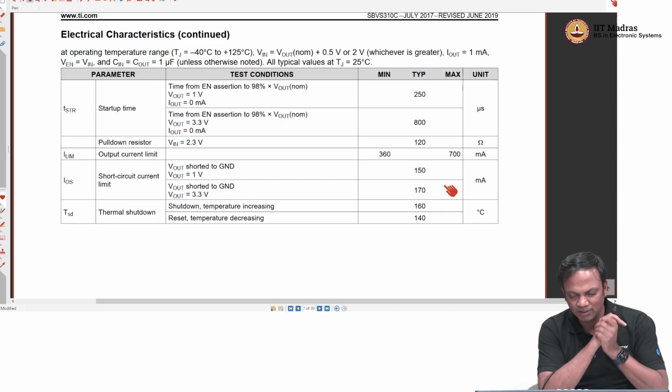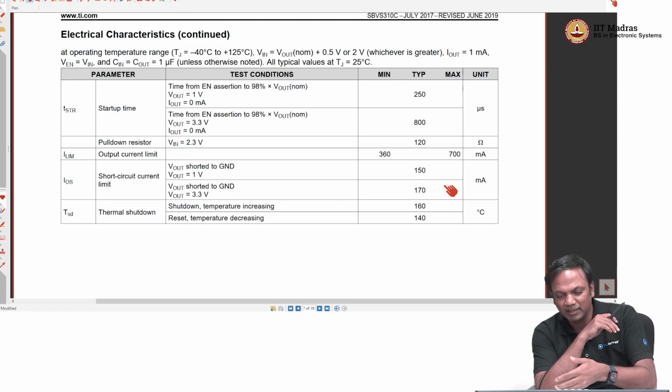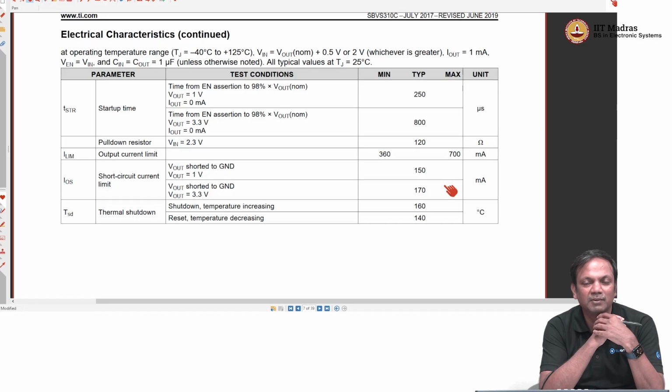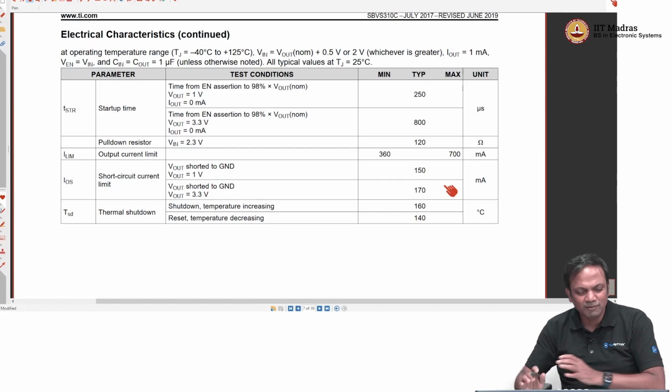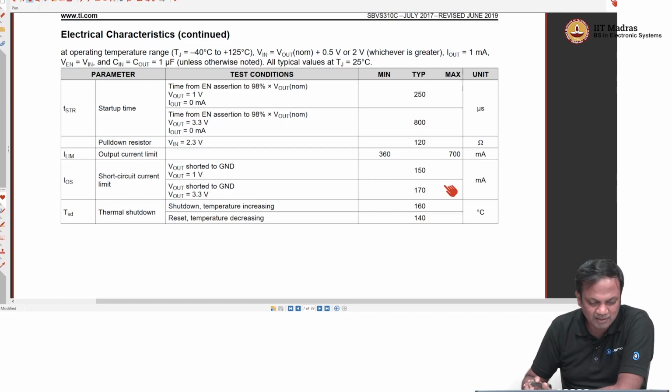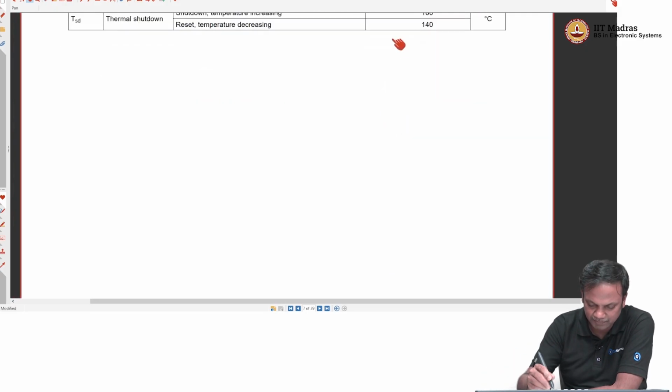Then we have the output current limit and the short circuit current. Now, again you might remember that we derived all of these parameters for our very simple circuit of a resistive divider. It is just important for us to know how these numbers line up for our application, so that we can now compare different components. Okay.